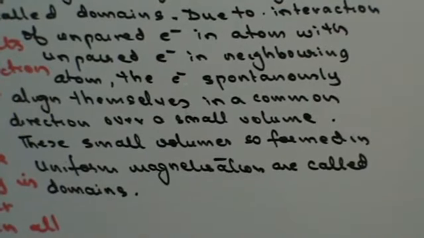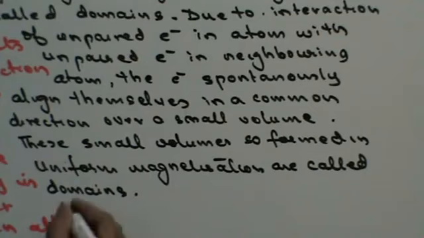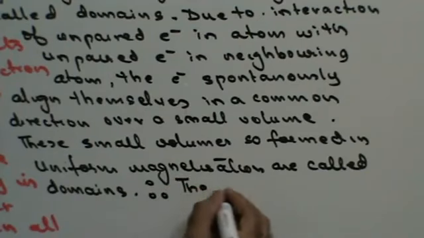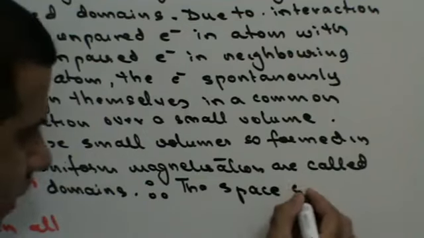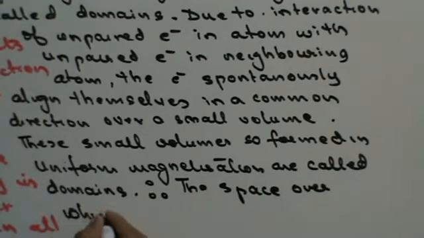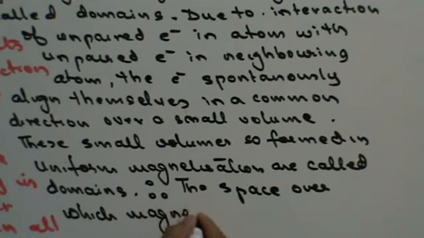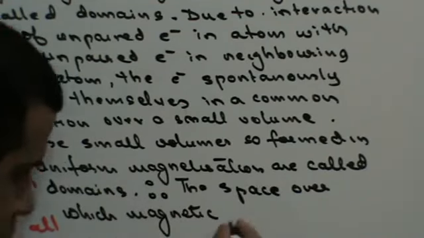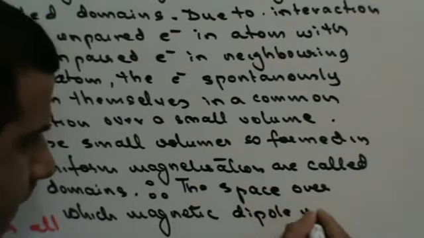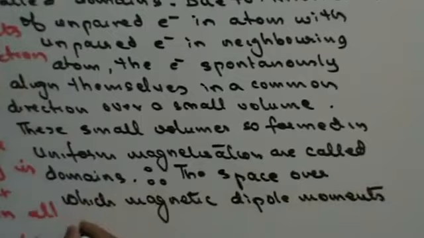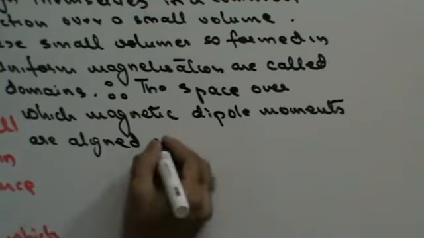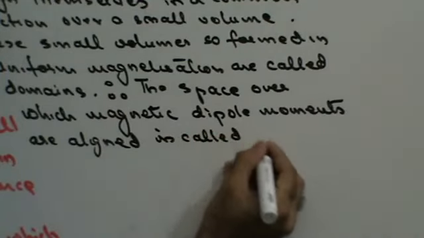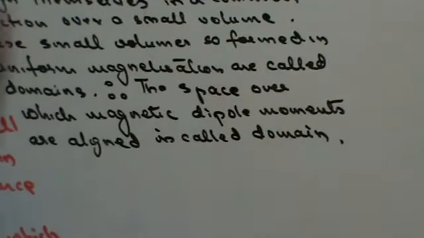So I can say the region of space over which magnetic dipole moments are aligned is called a domain. Fine, do you get this clear?